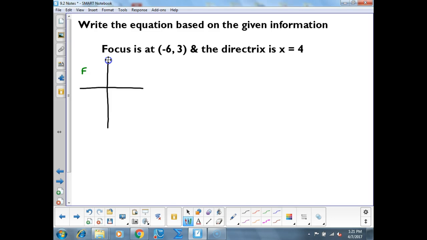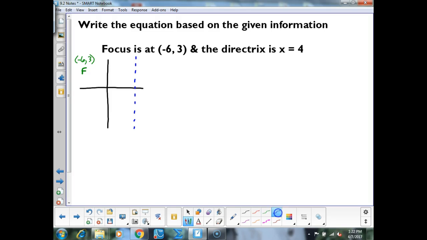Okay, so that's there, and that's at the point -6, 3. And then we've got the directrix, which is out here at x equals 4.